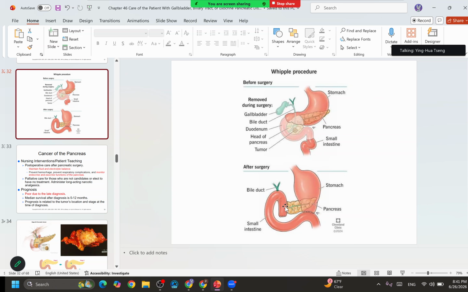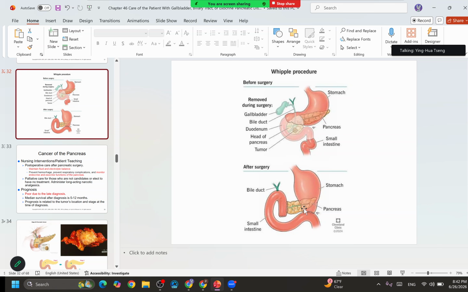But here is a problem. Your small intestine from the beginning is attached with your stomach area. So that means the stomach needs to reattach to another area again. So they cut your small intestine and also stomach here, and attach the stomach to the lower part of the intestine area.